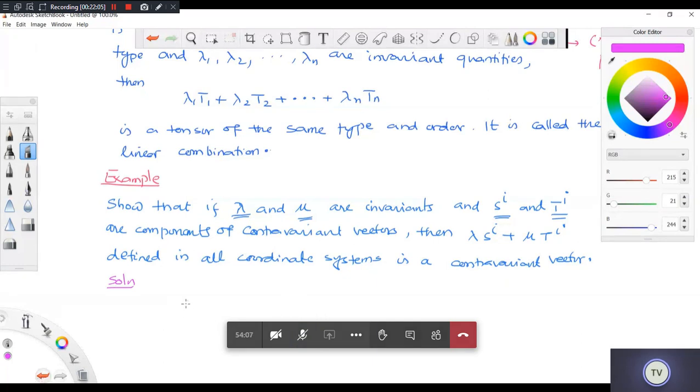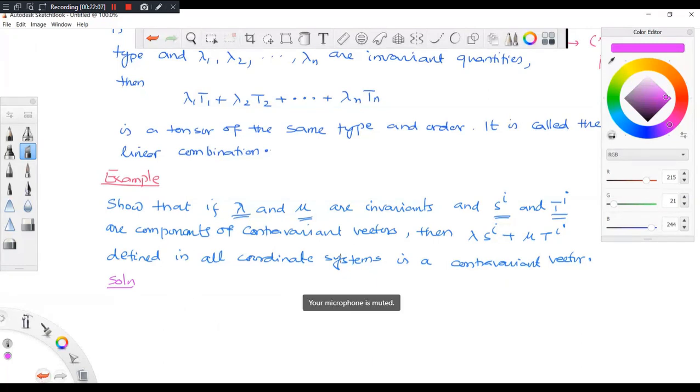Okay. So now can you prove this? Let me take this transformation law for this. Let me have lambda bar S bar i plus mu bar T bar i in one coordinate system. So what is this according to the definition? Lambda bar is the same as lambda in the x^i coordinate system because it is an invariant. And what is the transformation law of S bar i?